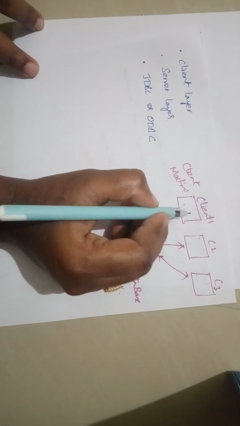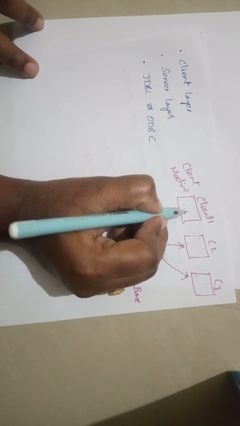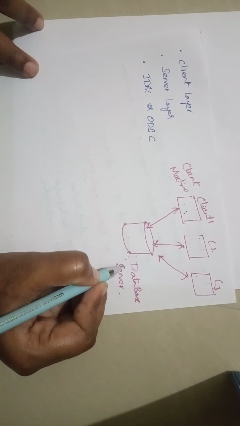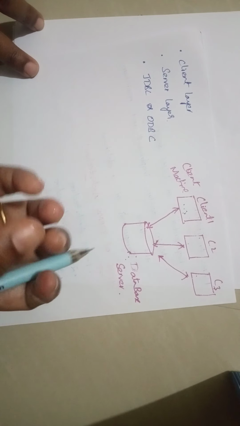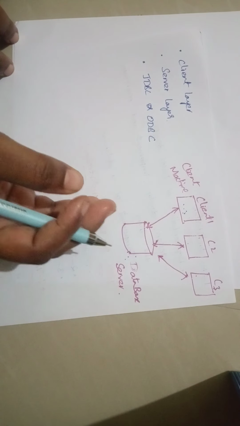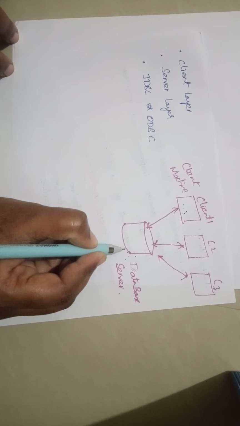If we enter any query on the client system interface, the query is sent to the database server, and the database server receives that query, processes it and sends the data based on that query to the client system.